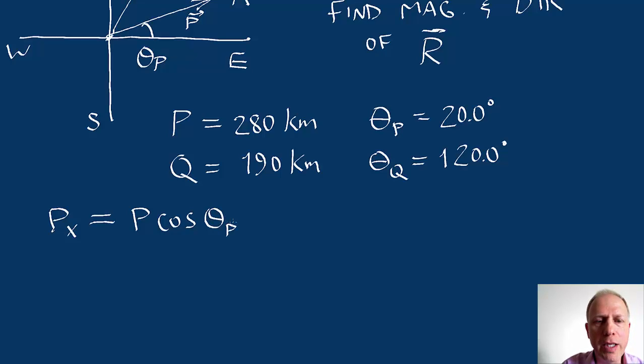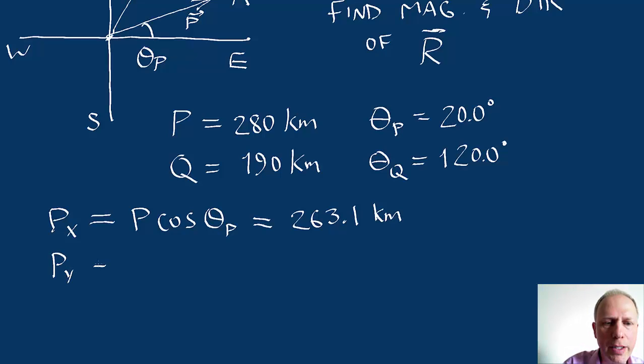The x component of P is the magnitude of P times the cosine of the direction angle. Using the values given here above, I find 263.1 kilometers for the x component.